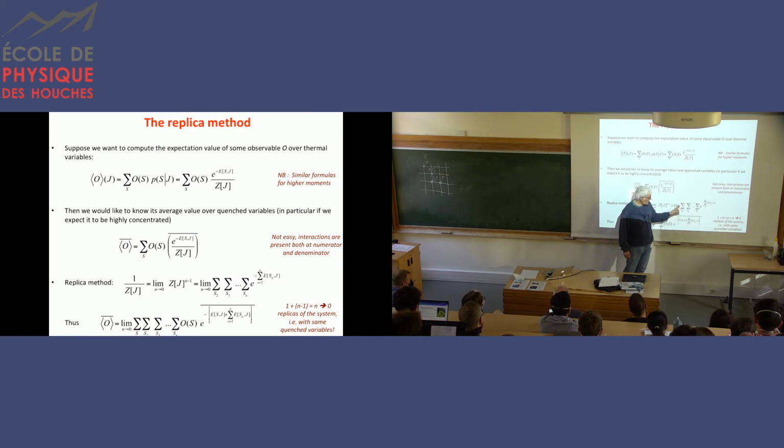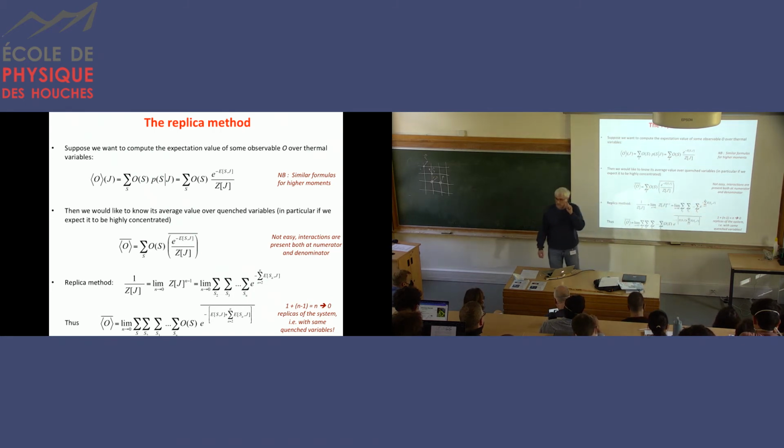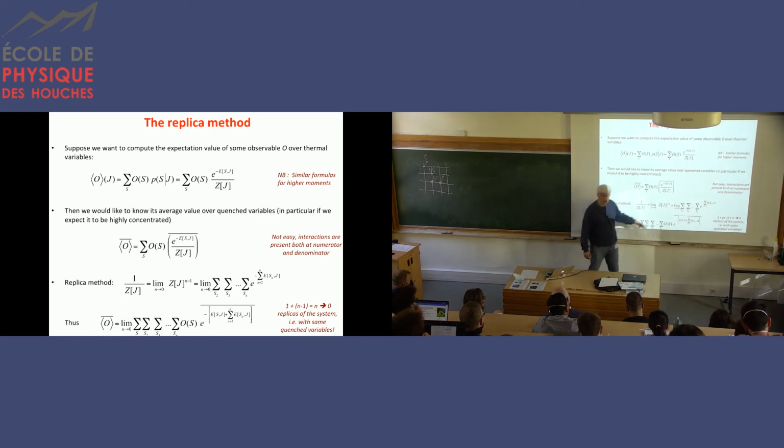And I will need to compute the double sum of exponential of minus E of S2, J minus E of S3, J. And this is formally the same thing as Z squared. Is it okay for everybody? Yes? And of course, for any integer n, this is true. Now, what kind of meaning we can give to this when n goes to 0 is another story.